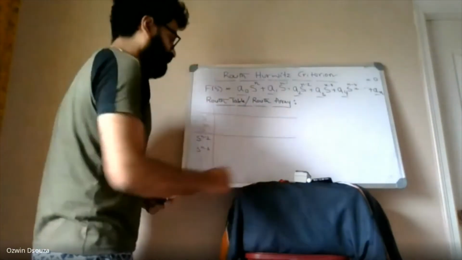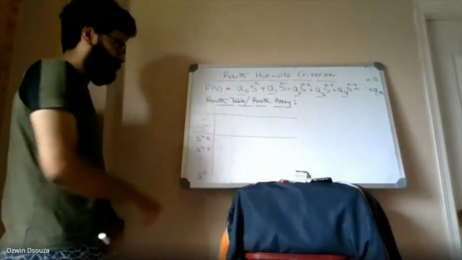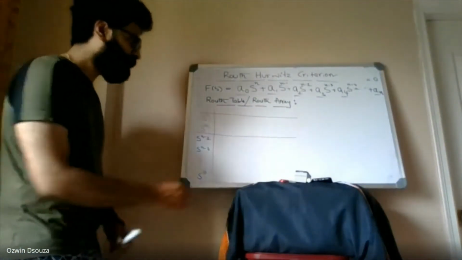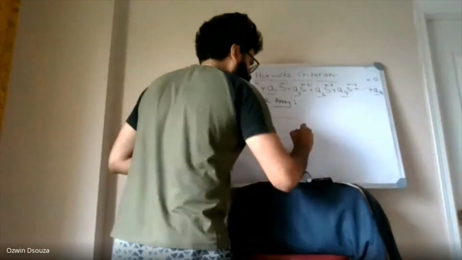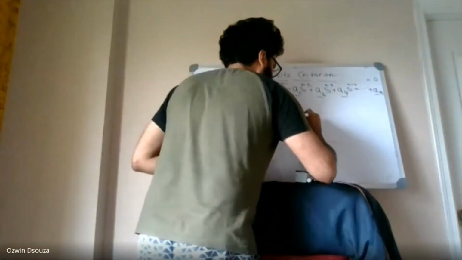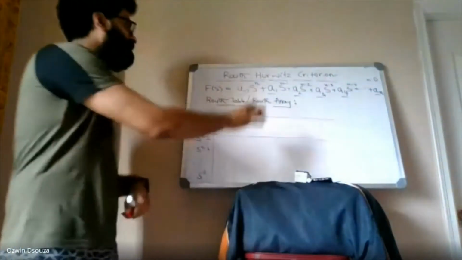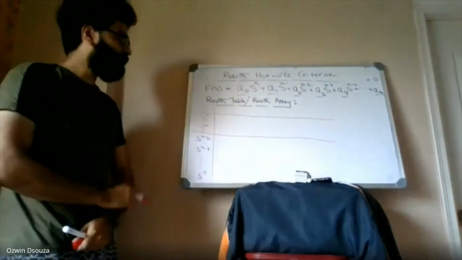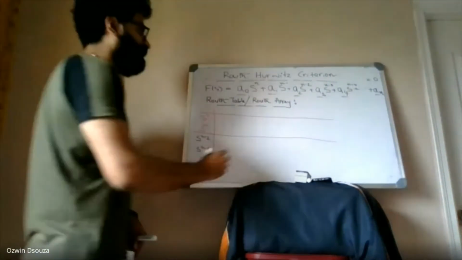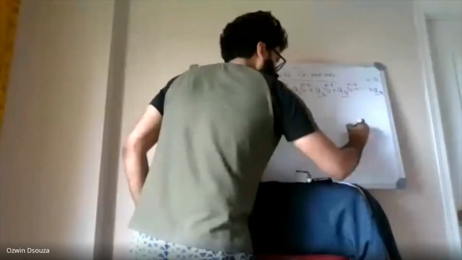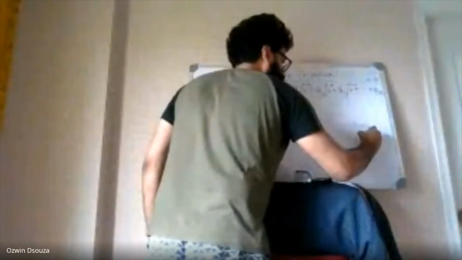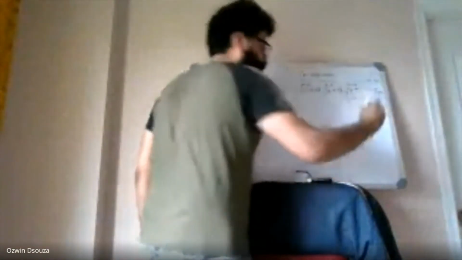Once you are done with writing down the powers of s, you need to start filling the entries in the Routh table. Two rows, that is the s to the power n row and the s to the power n minus 1 row, let me call them row 1 and row 2.